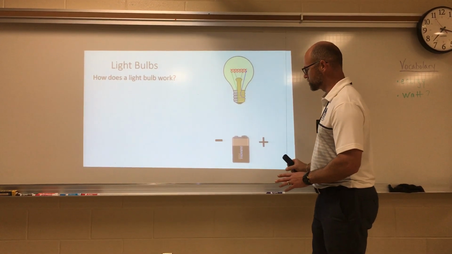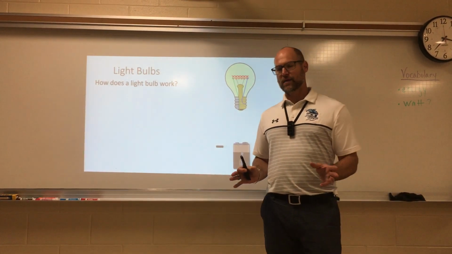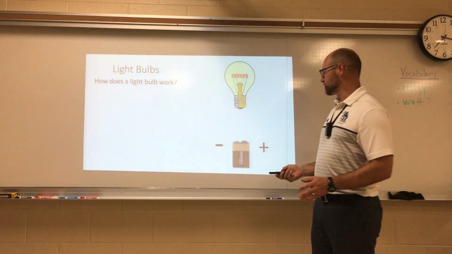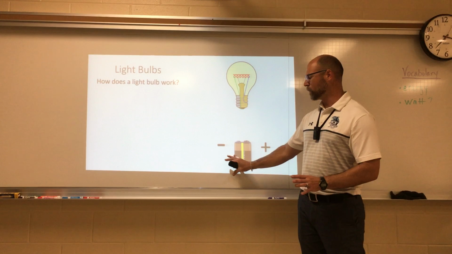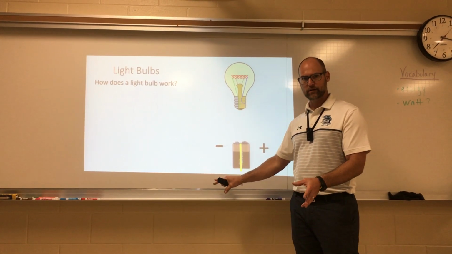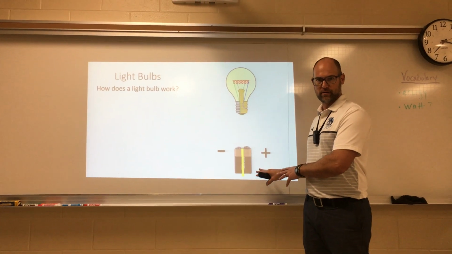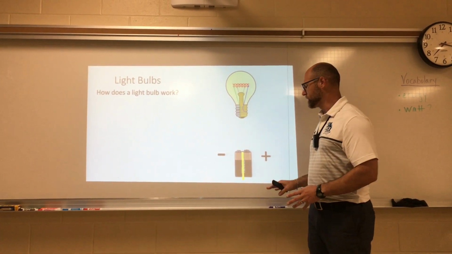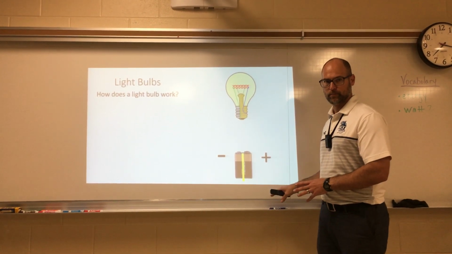The way this works is there's a chemical reaction taking place inside this battery that is creating a buildup of negative charge on one side of the battery, the negative end, and a more positive area on the other side, the positive end. So we get a difference in charge from one side of the battery to the other.